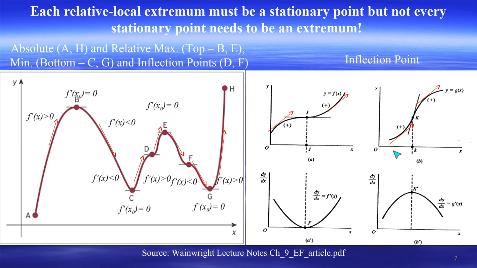Well, at an inflection point, here we see an inflection point. Here at the graph A, at the point x equals J, we have an inflection point. Here the first derivative is 0. Before and after J, the first derivative is positive.